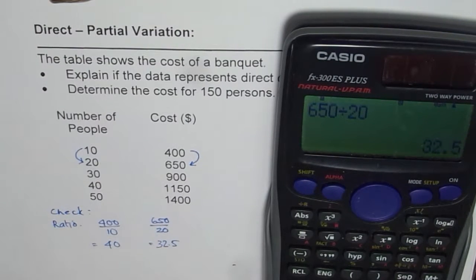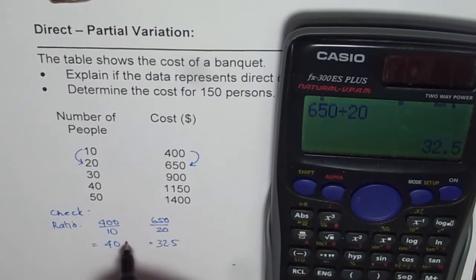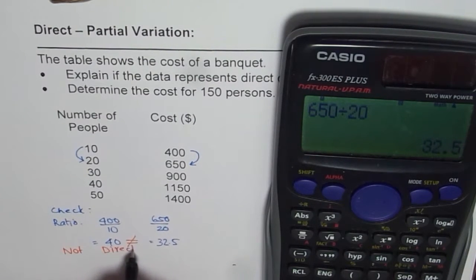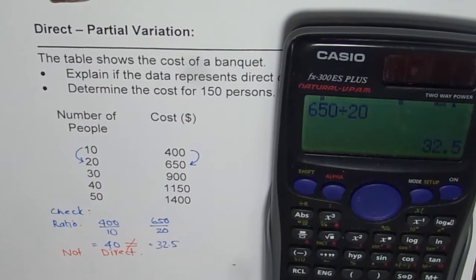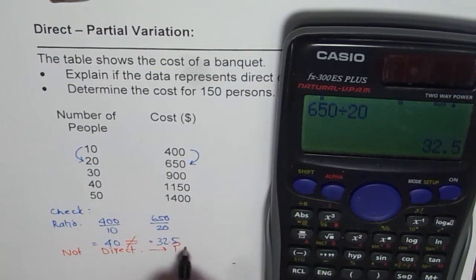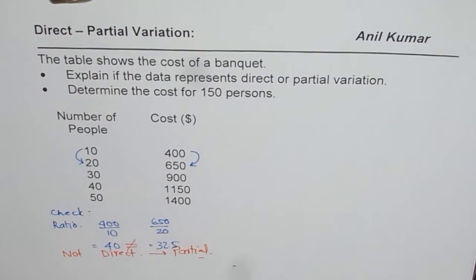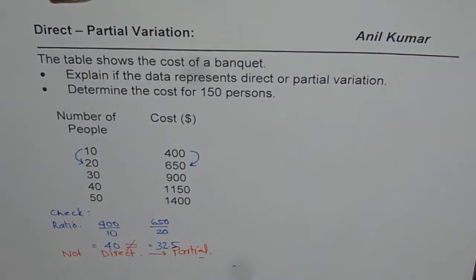They are not the same. Since they are not equal, it is not direct. So what we are leading to is partial. Now we know that it is partial variation.